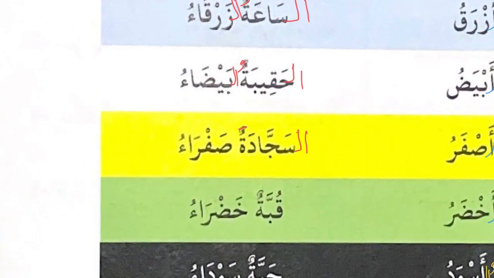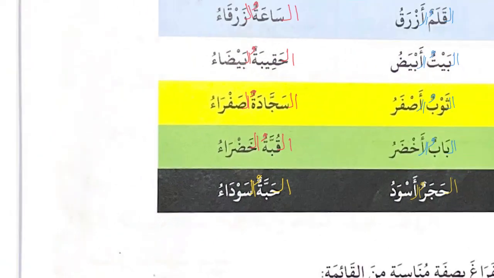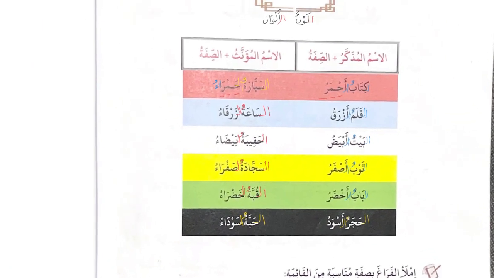As-sajjadatu as-safra. Al-qubbatu al-khadra. And finally, al-habbatu as-sawda. So these are the basic colors together with the muannas and muzakkar version.